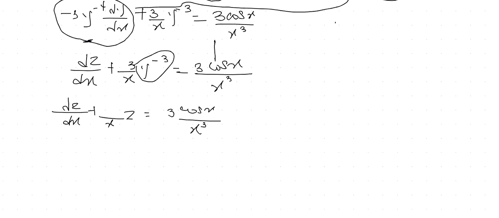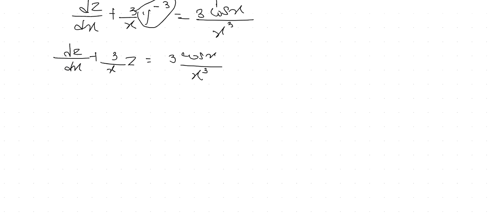All right, so at this point, we can find our integrating factor. First of all, p is equal to 3 over x, and q is equal to 3 cos x over x raised to the power of 3.